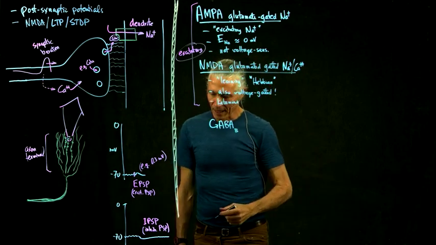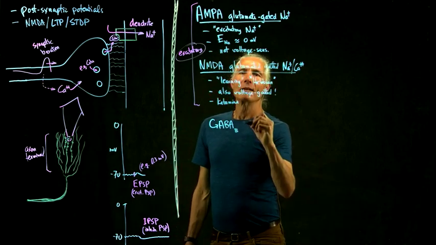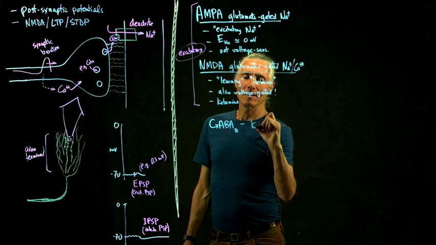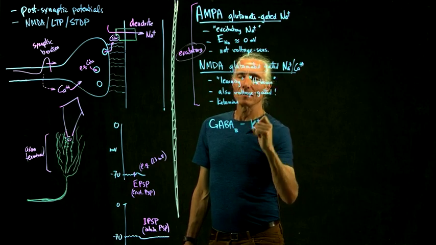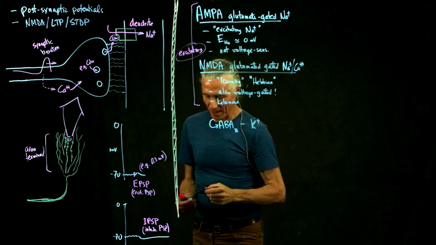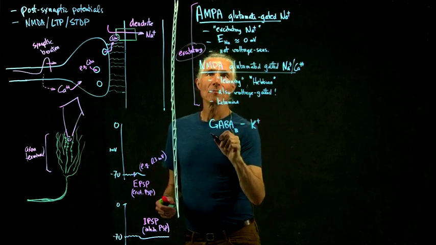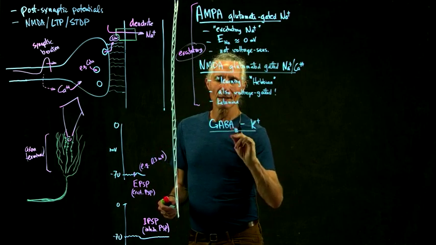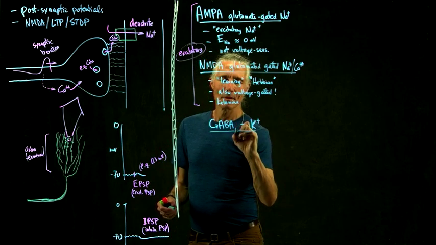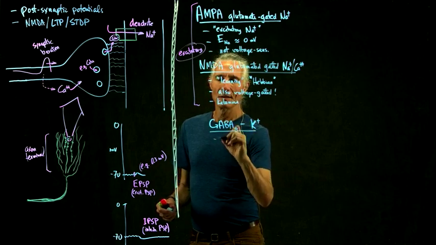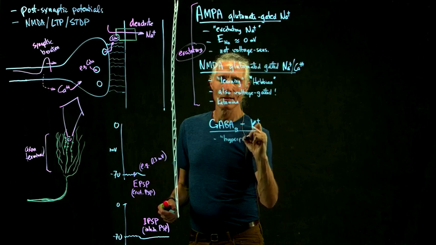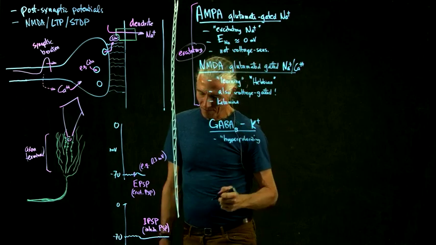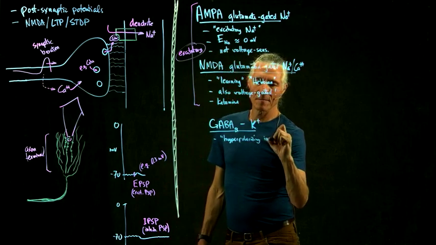The GABAb channel is a potassium channel, so you'd expect this guy to be an inhibitory channel, and it's called the hyperpolarizing inhibitory channel.